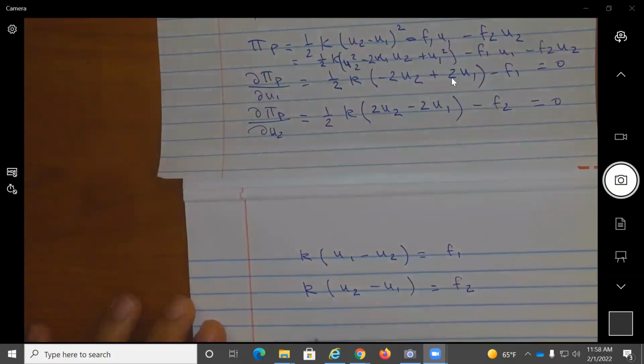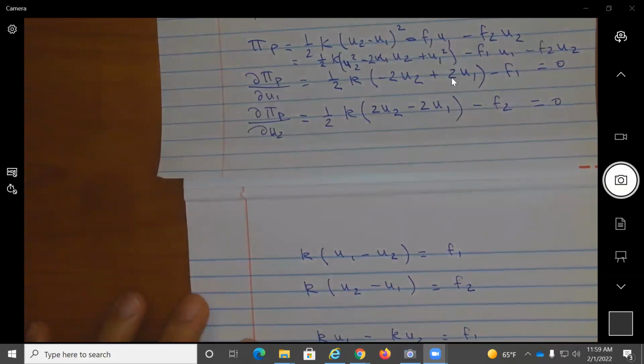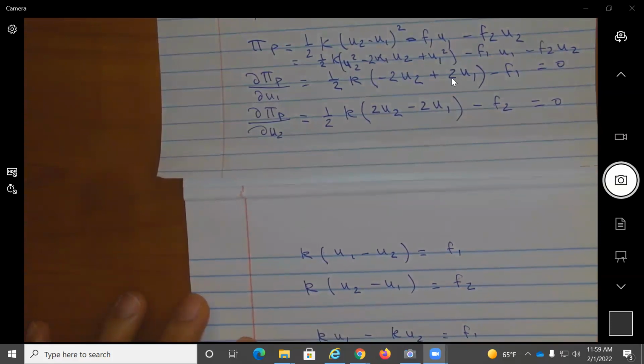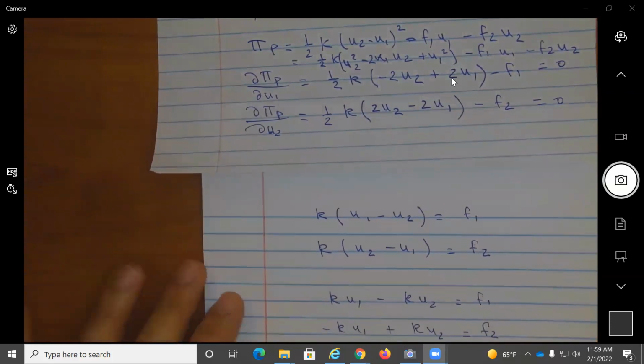I can rewrite this as K U1 minus K U2 is equal to F1. And the second equation, I can write it as minus K U1 plus K U2 is equal to F2.